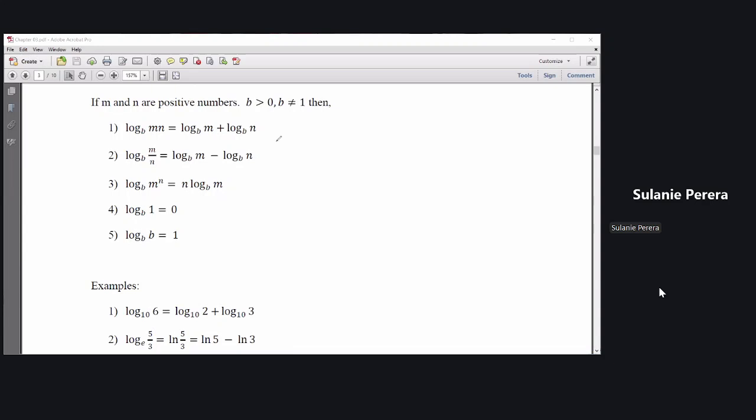Log base b of 1 is 0, right? And if you have log base 10 of 10, this is equal to 1. Log base 2 of 2 is also equal to 1.